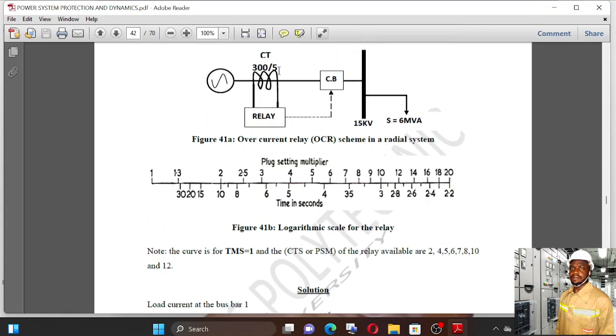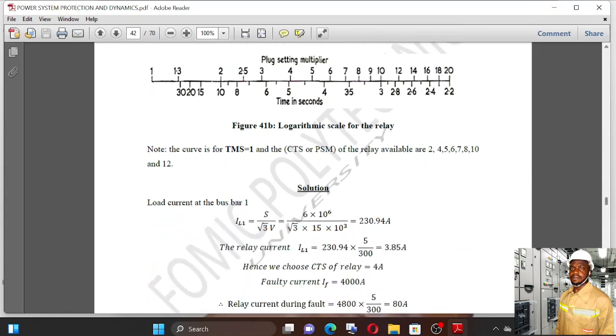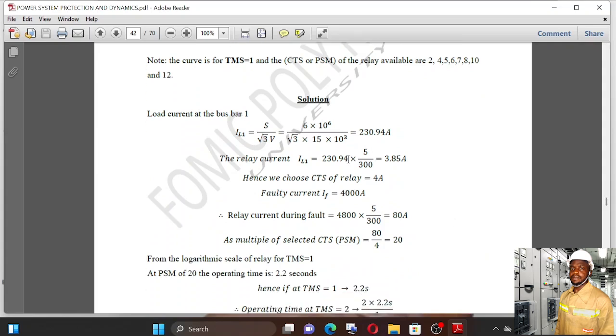So 300 is primary, 5 secondary. Okay, so utilize that relationship and you have to look for the I relay, which is I relay at normal condition gives 3.85 ampere.